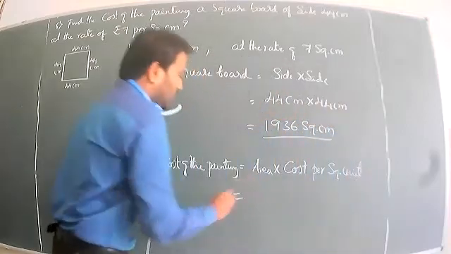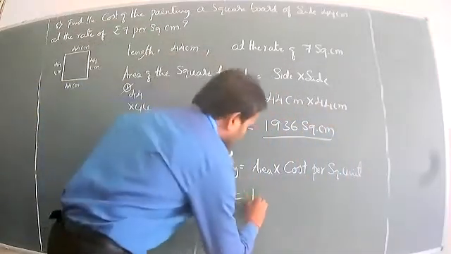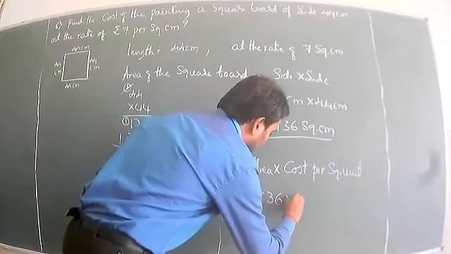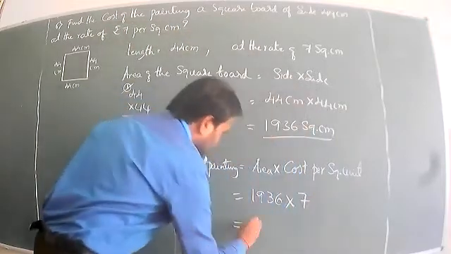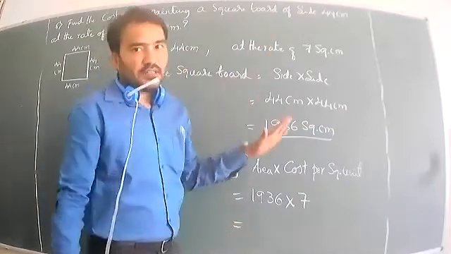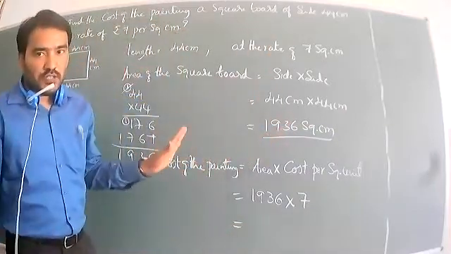Now the area is 1936 into the rate, 7 rupees, multiply. Here the square unit has to be cancelled, and we write only the value.